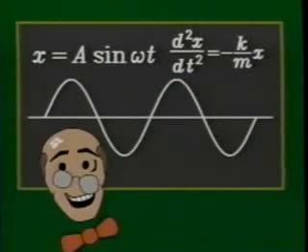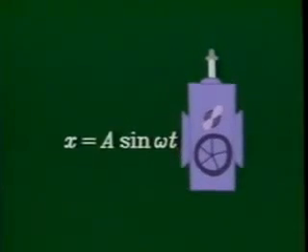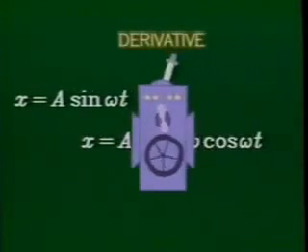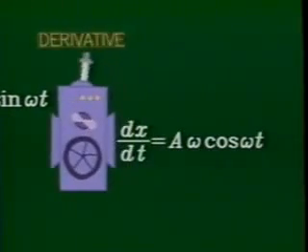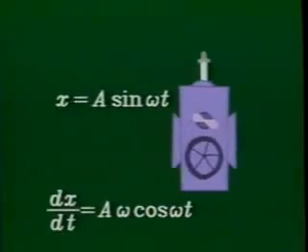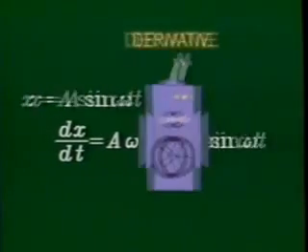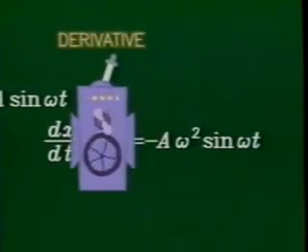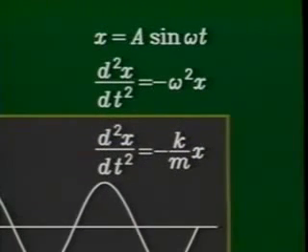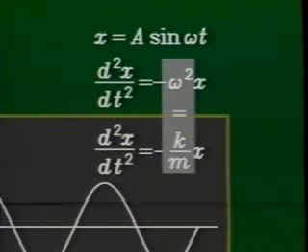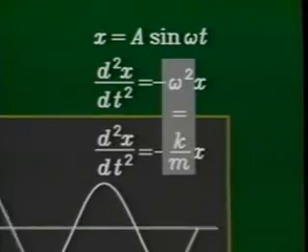But if that's x, is its second derivative equal to minus k over m times x? The answer is yes, if omega is chosen correctly.